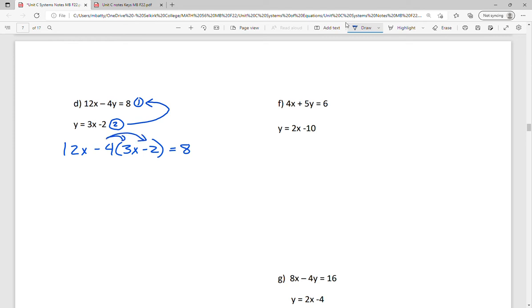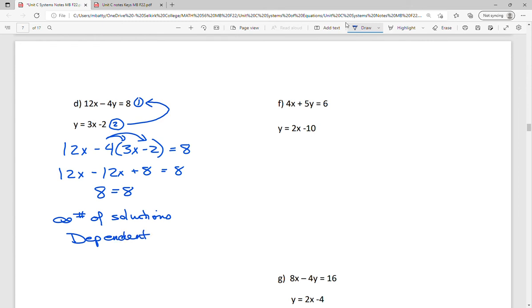Distributive property gives me my next line of 12x minus 12x plus 8 equaling 8. I now have 8 equaling 8 because that 12x minus 12x is 0. That is a line of truth. That tells me I've got an infinite number of solutions, or it's a dependent system. See, half as much work.